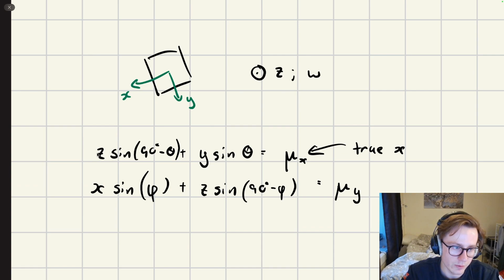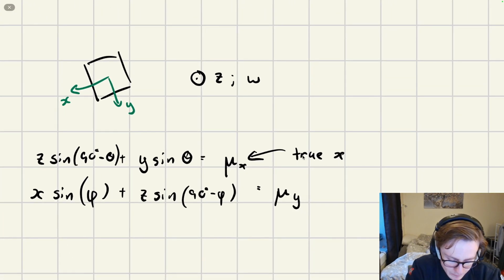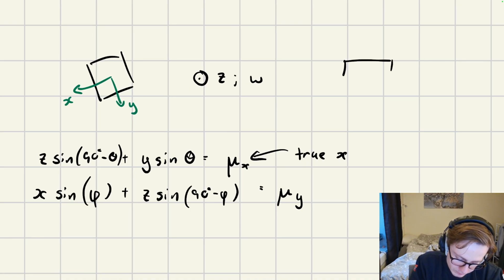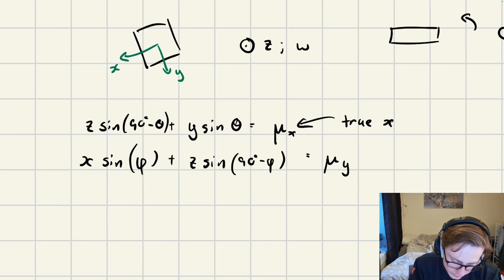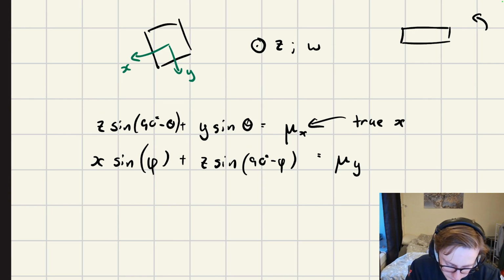So here we're saying, what did we say? X came out, we rotated it this way. Yes, okay, so this is still true. We're just not finding our true x.